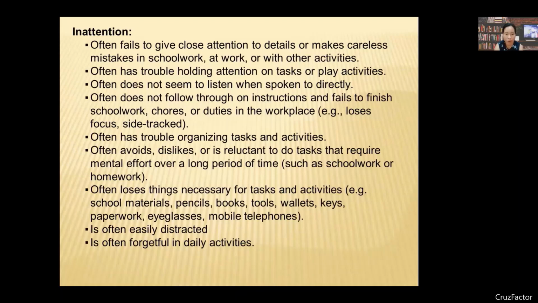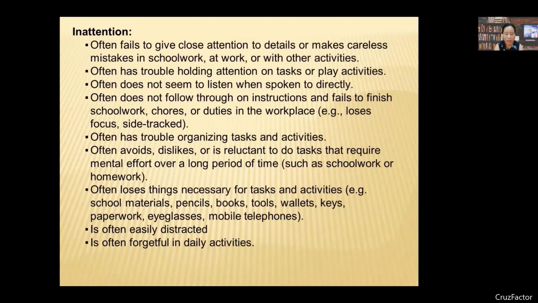They have trouble organizing tasks and activities. They are reluctant to do tasks that require mental effort over a long period of time. They also often lose their things. They easily get distracted and can be forgetful about their daily routines.